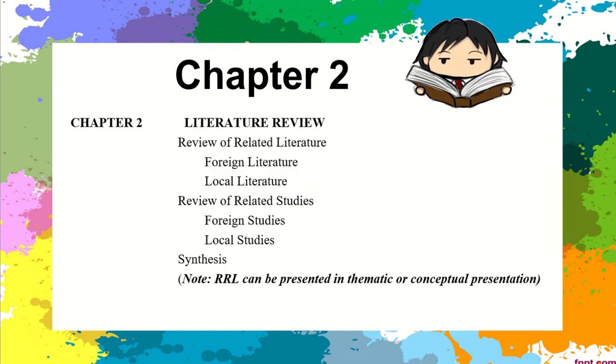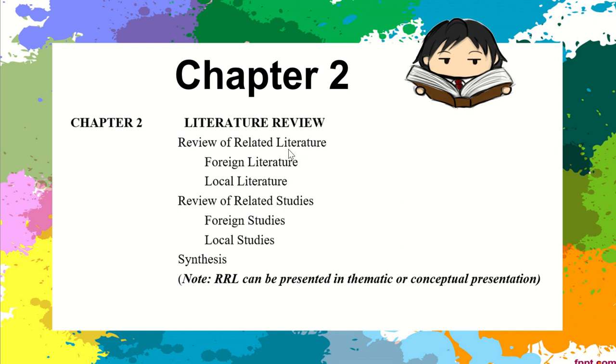Chapter 2 is about the literature review. We have different sections for this: review of related literature, review of related studies, and synthesis. To give you an overview, review of related literature refers to published materials that compare the study with existing knowledge on the research topic.